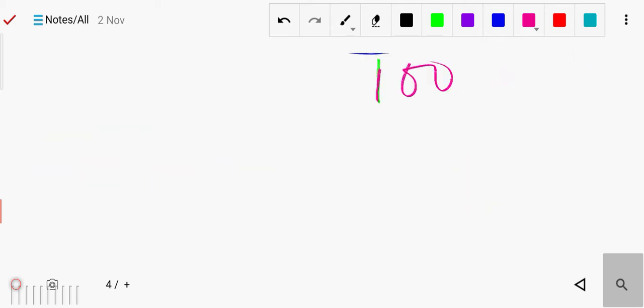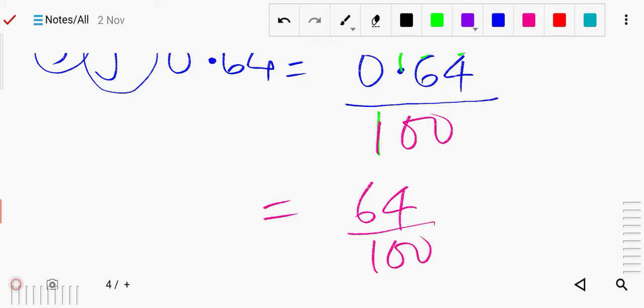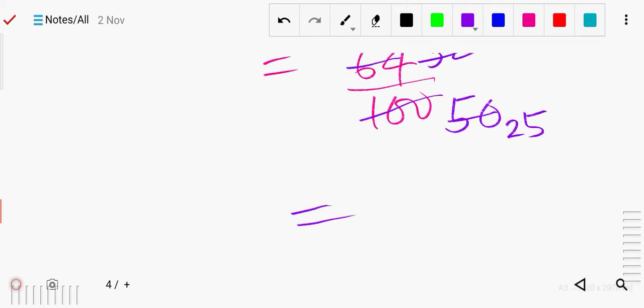Now you can write it again, it is 64 by 100. Now you can divide by 2, so 32 and here will be 50. Again you can divide, it will be 16 and here will be 25. So your answer is 16 by 25.